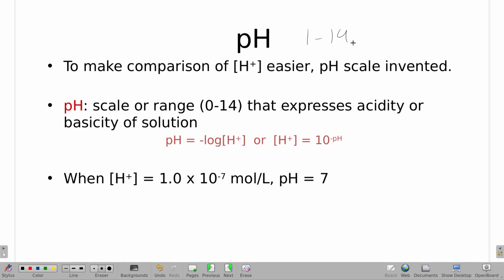It can actually be negative 0.99, at least mathematically, and it can be 14.99, at least mathematically. But that 14 scale is beneficial. Now, all it means is somehow they turn that negative 7 into the 7. And that 1.0 does actually mean 0. Alright, it is just a log scale.